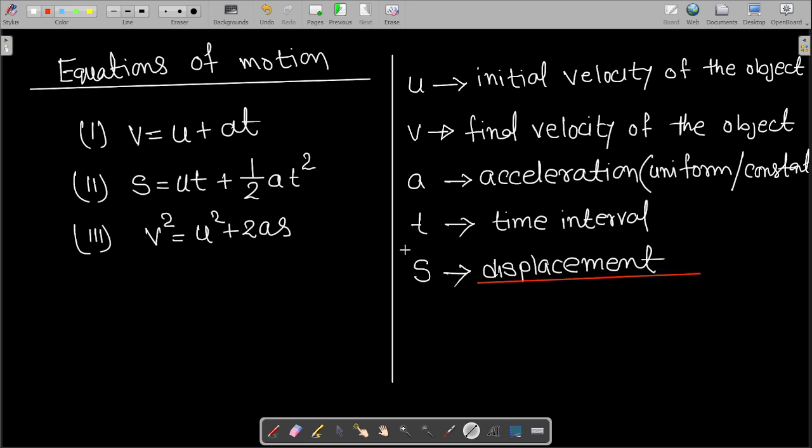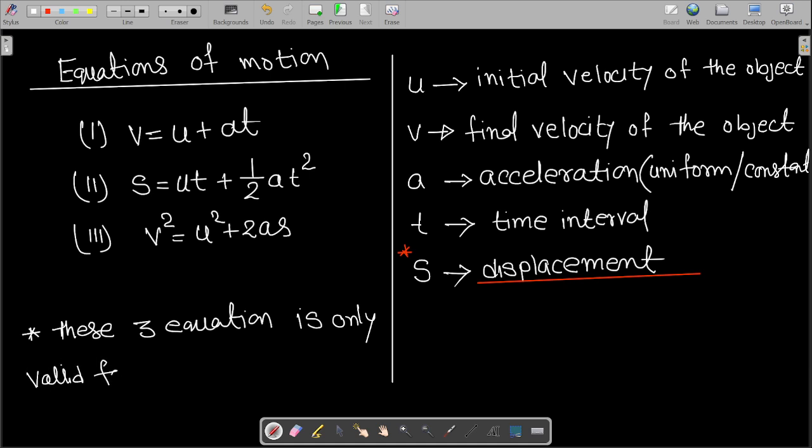So please mark a note here that these three equations are only valid for uniform acceleration.